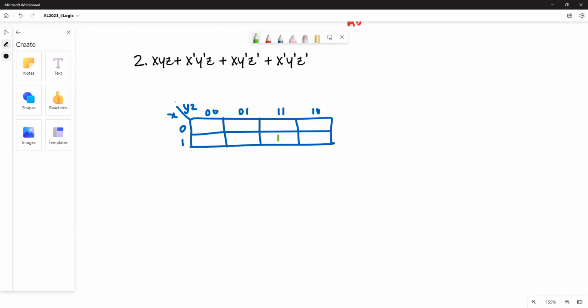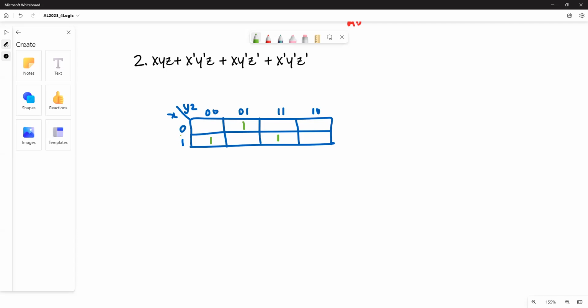Next one, X bar. So that means this row. Y bar Z. Y bar means 0, 1. This one. That is second term. Third term, that is X, Y bar Z bar. Y bar Z bar means 0, 0. So that means this is X, Y bar Z bar.